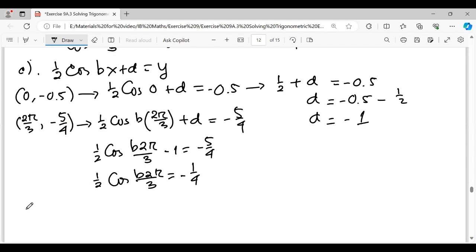It means if times 2, cosine b 2 pi third equals negative half, because times 2. So cosine b 2 pi third equals negative half.